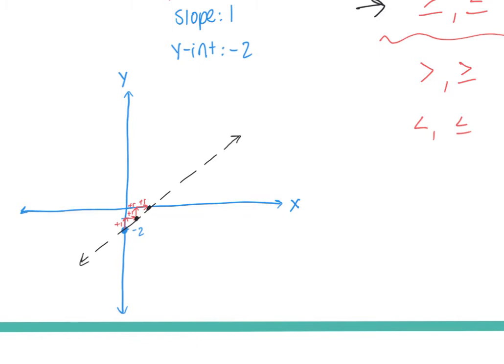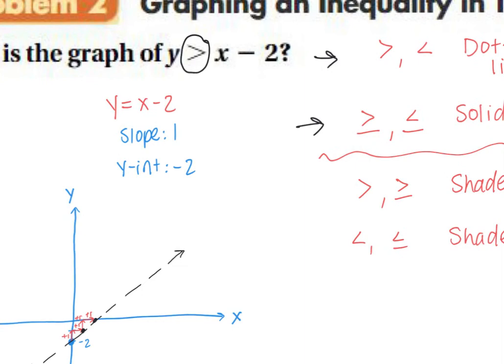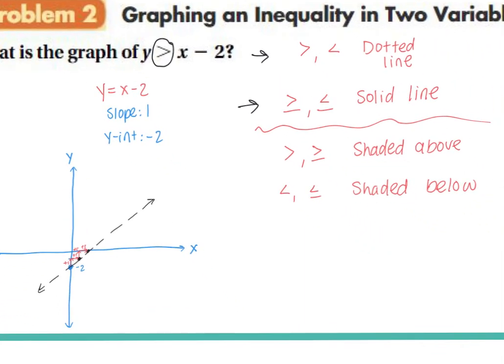Okay. Next, we also have to check if we're shading above or shading below. It's greater than, right? So which category does it fall into? Shaded above or shaded below? Jordan? It's shaded above, okay?